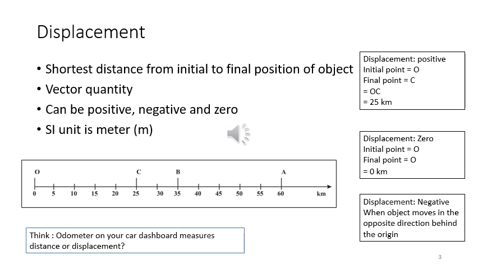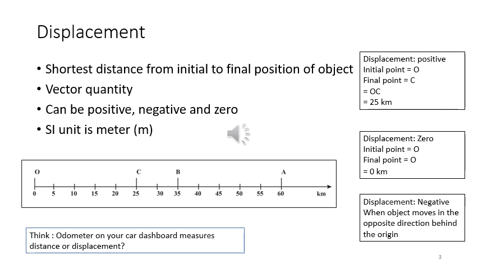Let us say a person moves from position A. If you remember, the reference point is O again in this case. So let us say that the person is moving from O to A, then to B, then to C, and then finally the person comes back again to O. Then how much has that person traveled?